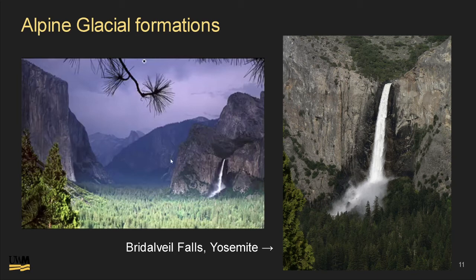Well, imagine at one point in time, this valley totally filled up with ice, a giant glacier, up to this level, and then this other smaller glacier forming in this little U-shaped valley here at the top of the waterfall.